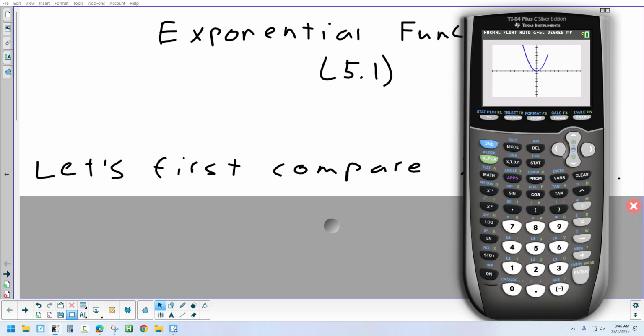So the first one you can see, there's your parabola. And the one in red is 2 to the x. If I go up a little bit higher, you'll see something that I'd like you to see. x squared does curve up pretty fast. But if you look at 2 to the x, eventually the red one starts curving up even faster.